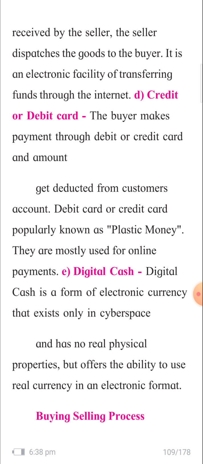So digital cash is a form of electronic currency that exists only in cyberspace and has no real physical properties, but offers the ability to use real currency in an electronic format. We can transfer our money through this digital cash facility through electronic options, and it is also done through the internet. So here the procedure of online transaction is complete.